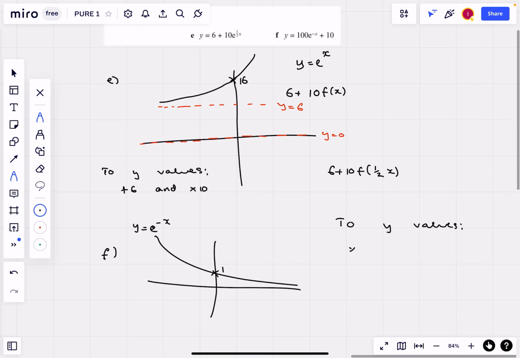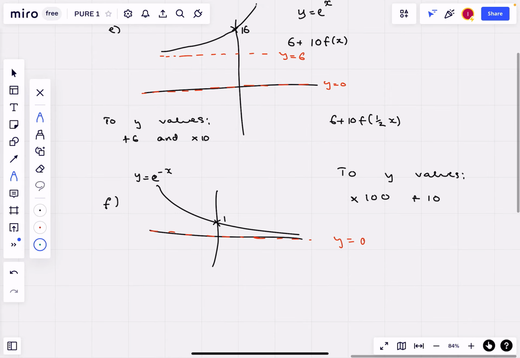We're timesing by 100 and we're adding 10. We've got two y values which we're concerned with. The first is that point 1 and the second is the asymptote, y equals 0. Both of them we're going to times by 100, we're going to add 10.